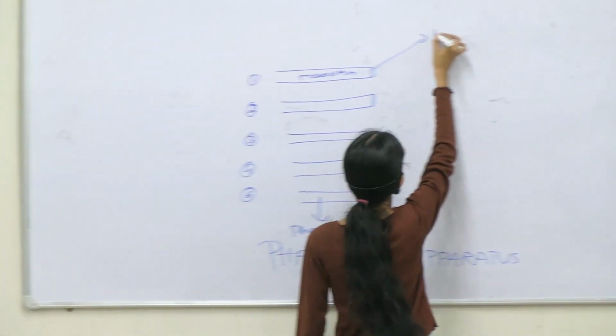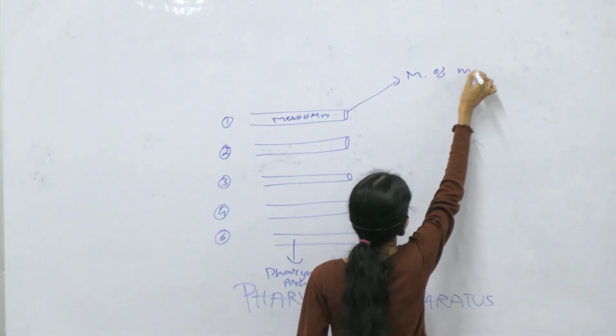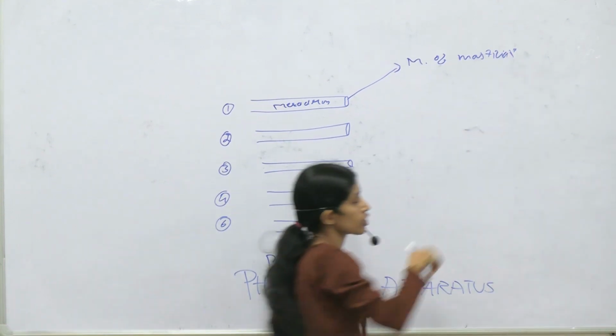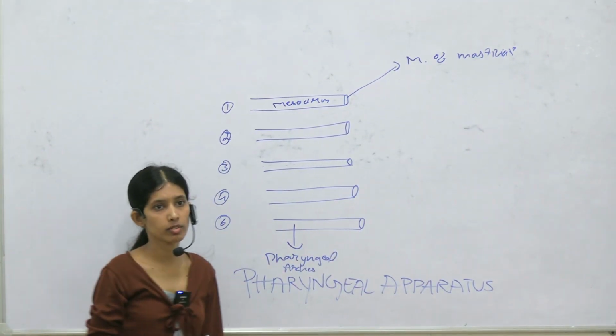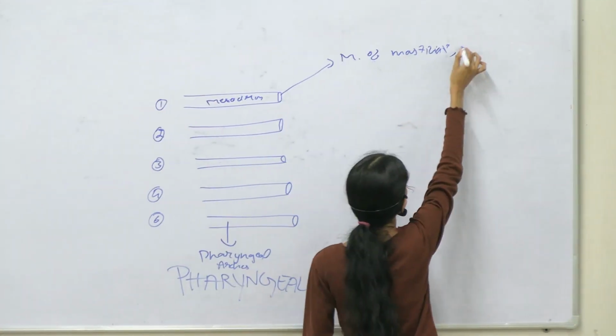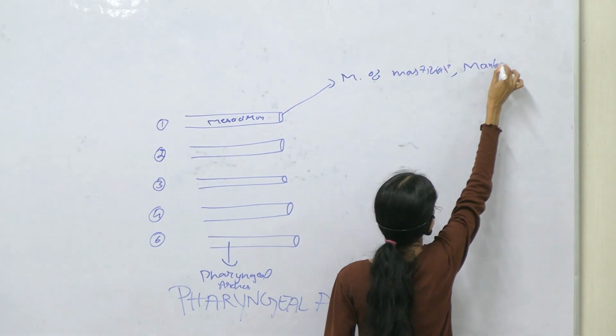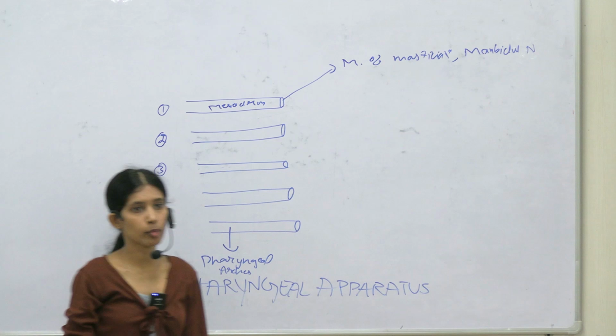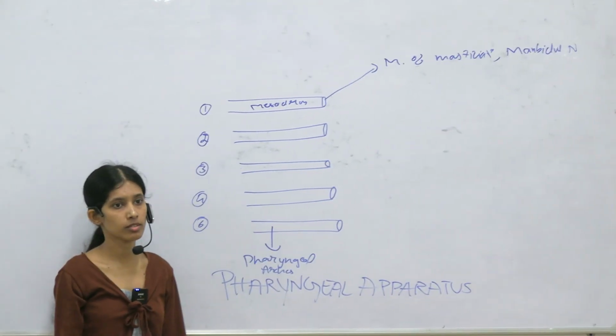Muscles of mastication, which is supplied by the mandibular nerve. What about the bony structures?